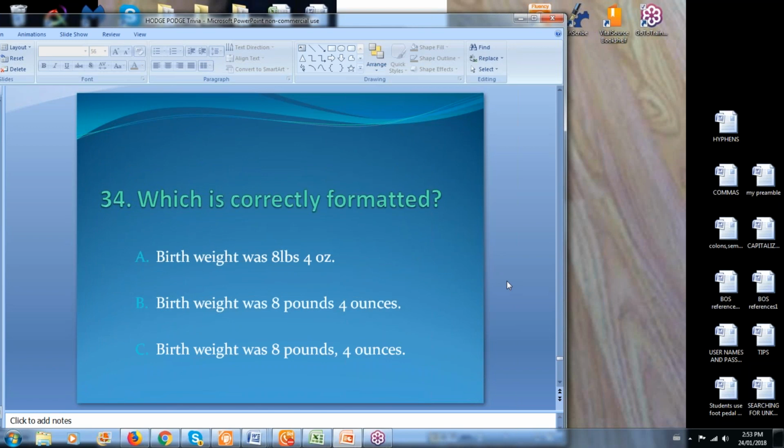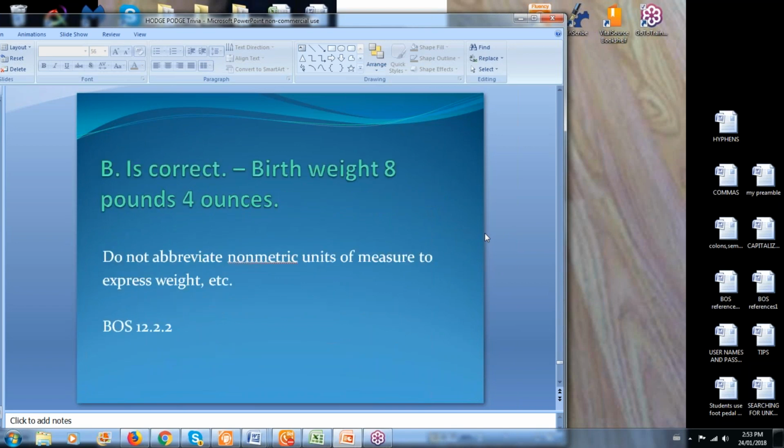34. Which is correctly formatted? A, birth weight was 8 pounds 4 ounces with the abbreviations, or B, birth weight was 8 pounds 4 ounces, or C, birth weight was 8 pounds, 4 ounces. B, that's right, B is correct. Birth weight 8 pounds 4 ounces.